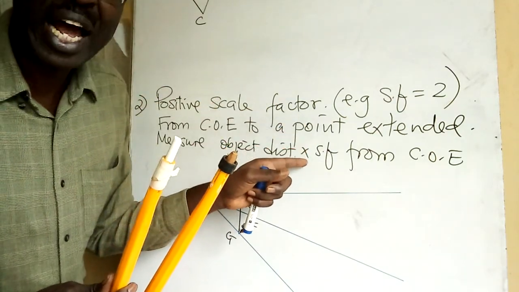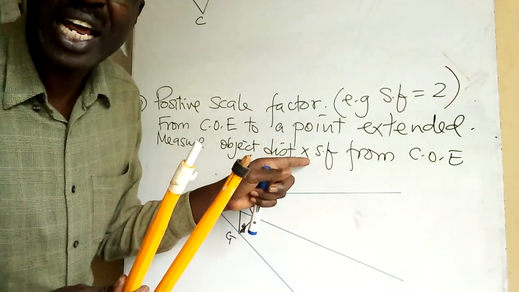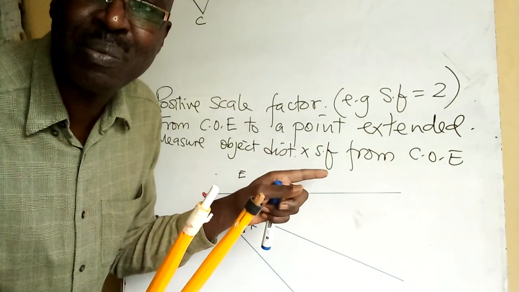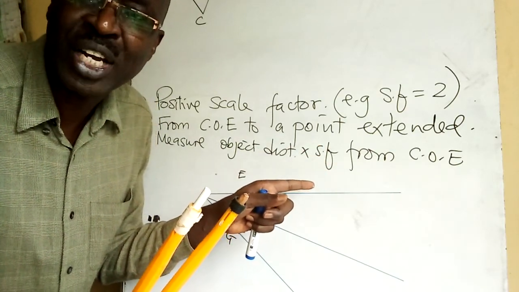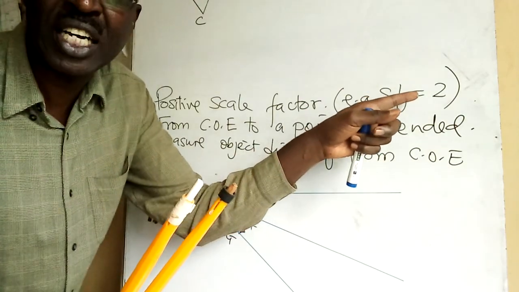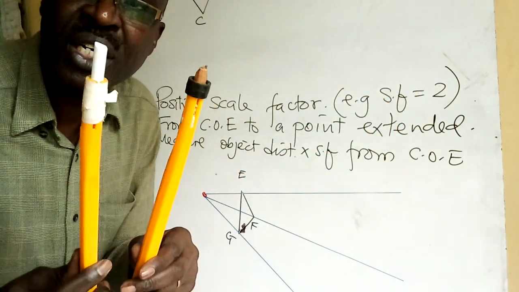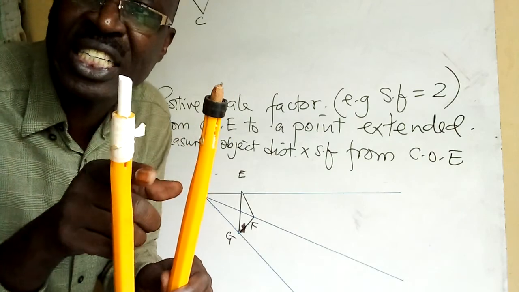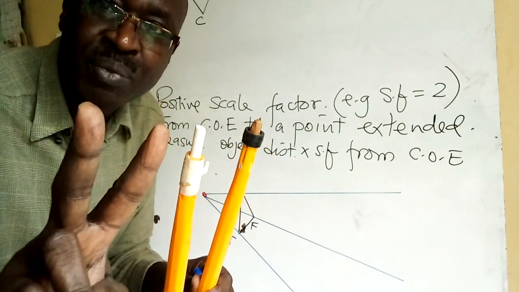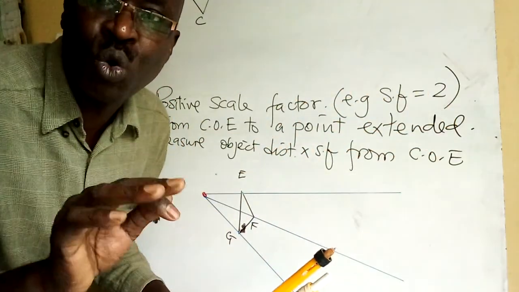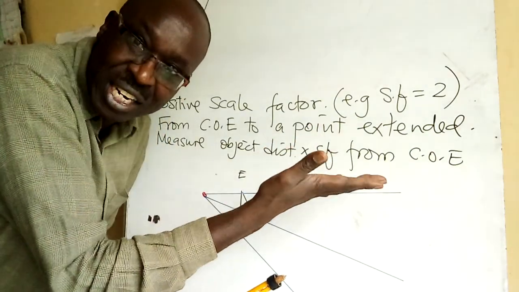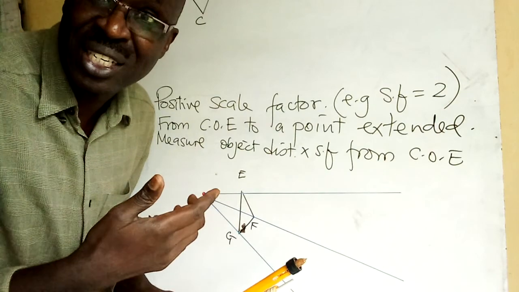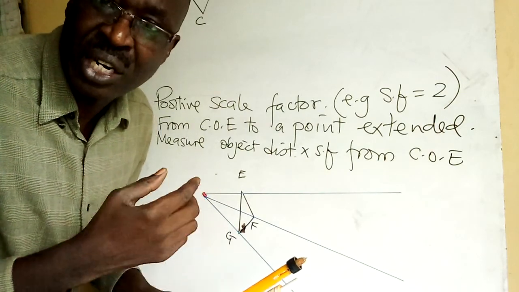Then times the number of times indicated by the scale factor. Our scale factor is 2, so I will do it twice. If my scale factor was 3, I would do it 3 times. In our case it is 2.